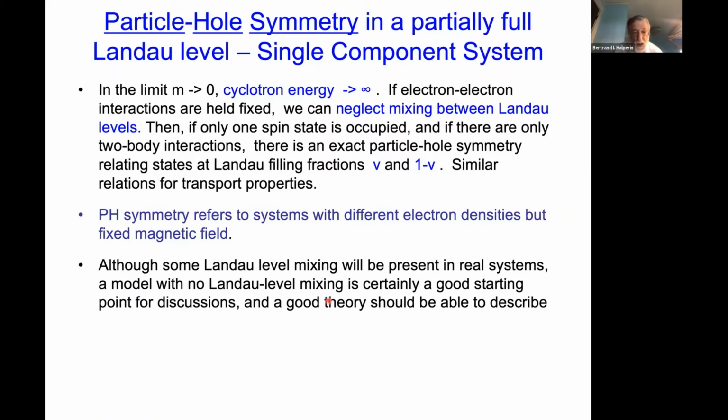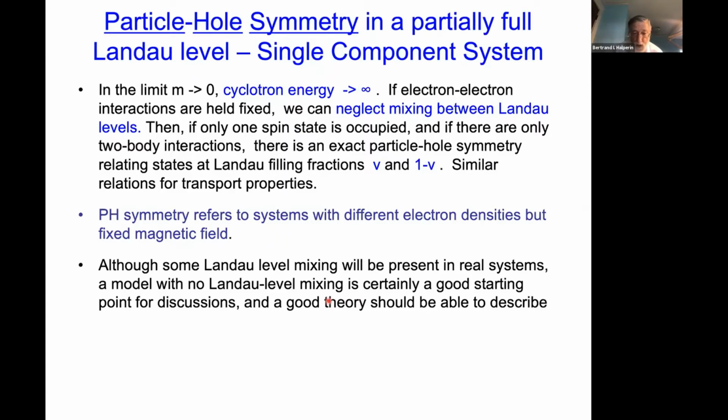I should emphasize that this particle-hole symmetry refers to systems which have different electron densities, so they have different filling fractions, but exactly the same magnetic field. In experiment, of course, you're often varying nu by varying the magnetic field, keeping the densities fixed. And in that case, you have to make some correction if you want to compare filling fraction nu and 1 minus nu.